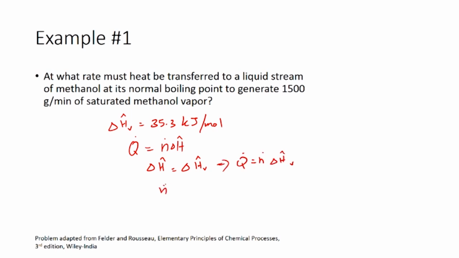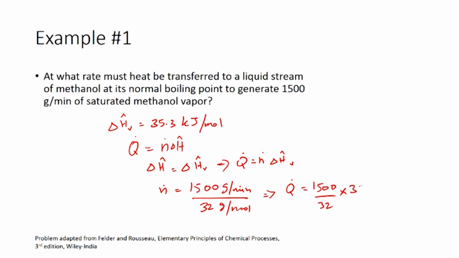Your N dot can be calculated from the mass flow rate using the molecular weight. Mass flow rate is 1500 grams per minute. Molecular weight of methanol is 32 grams per mole. So, this gives you N dot. Using this we can calculate Q dot as 1500 divided by 32 times the heat of vaporization, which is 35.3.